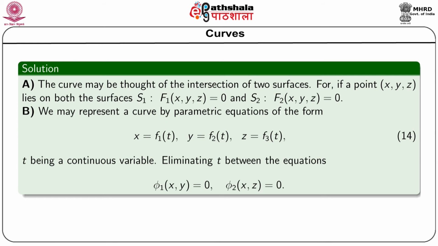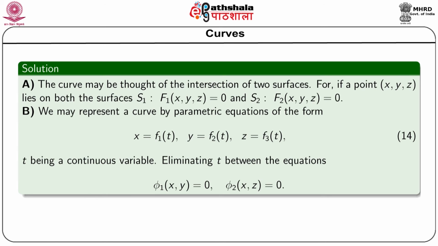From the parametric representation written in equation number 14, we can eliminate t from the first two equations to get a functional relation between x and y. Let us say that relation is phi 1 x y equals 0. Similarly, eliminating t from the first and the third equation will give a relation between x and z, and let that relation be phi 2 x z equals 0.